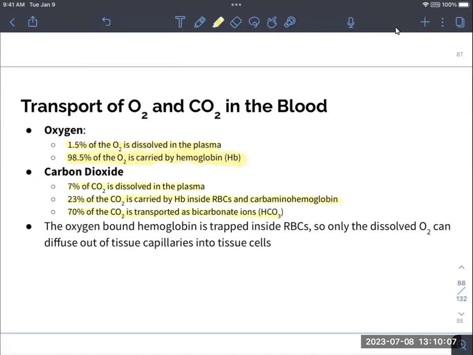So we take that carbon dioxide, we turn it into bicarbonate through different reactions. We get bicarbonate and we get water as a byproduct. And then it switches back to carbon dioxide before it is exchanged in the lungs to go back to be breathed out.